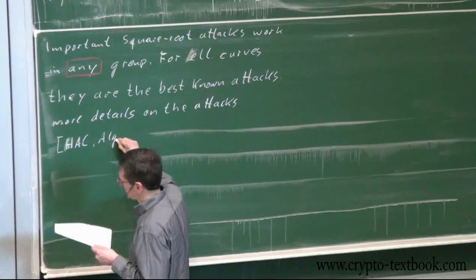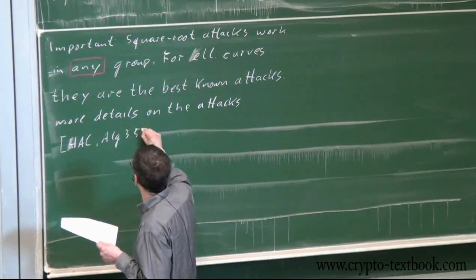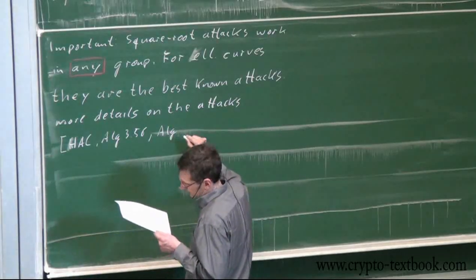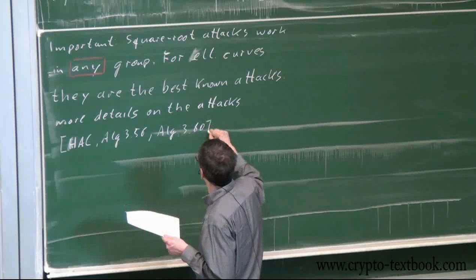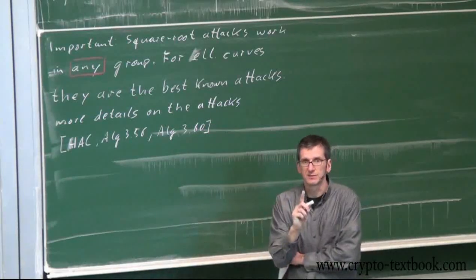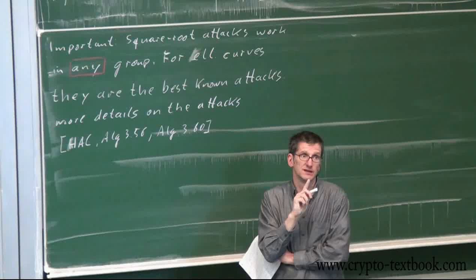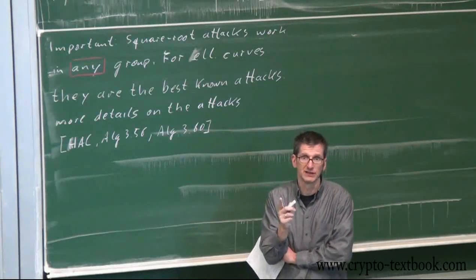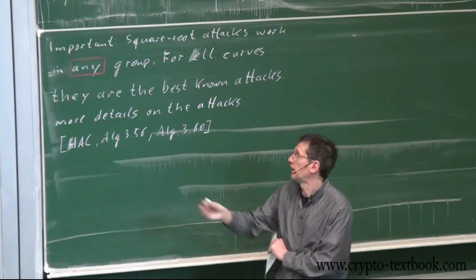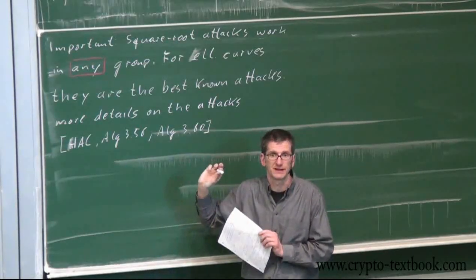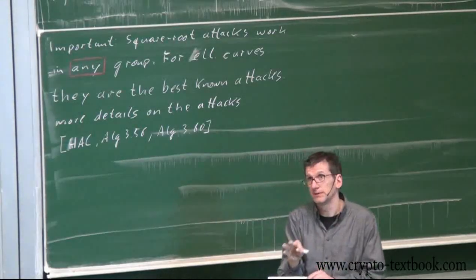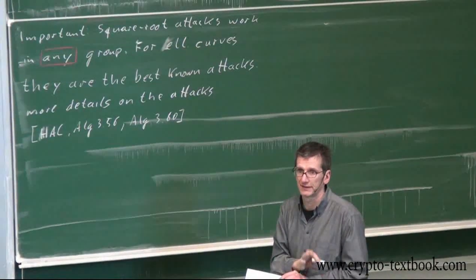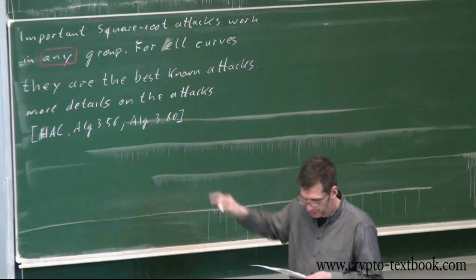This is algorithm 3.56, which is baby step, giant step, and algorithm 3.60. The nice thing about this book, and I'm sure I mentioned that earlier, is that you find it on the web by the author for download as PDF. Chapter number 3. It takes you about 2 hours, I would say, on a Sunday afternoon to understand the attack. If you're really interested, ask me, maybe not today, but next week, or ask during the Übung. It's not super complicated, but if you want to understand it, then do that.